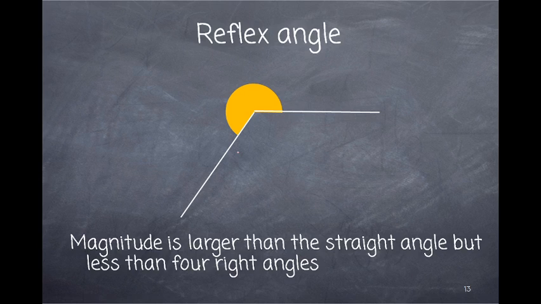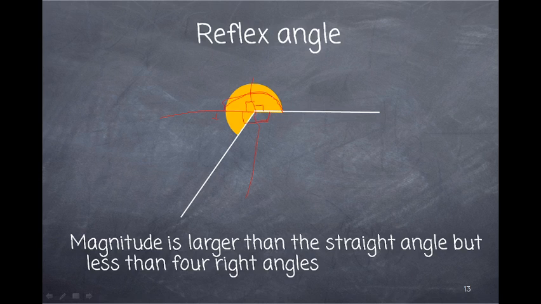Now let's look at what a reflex angle is. The size is greater than the straight angle. If it is the straight angle, it's like this. This is the upper part, right? And it is greater than this. Here it comes a little bit more. But it will not represent all four squares. How many squares can we fit here? 1, 2, 3, 4.